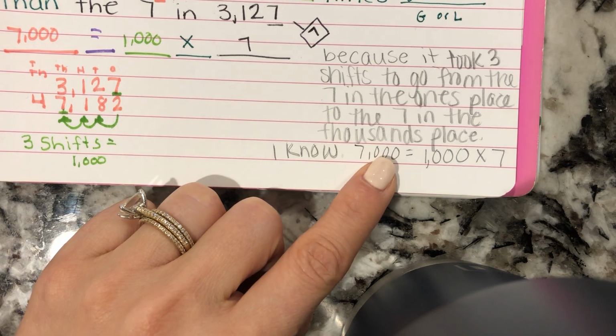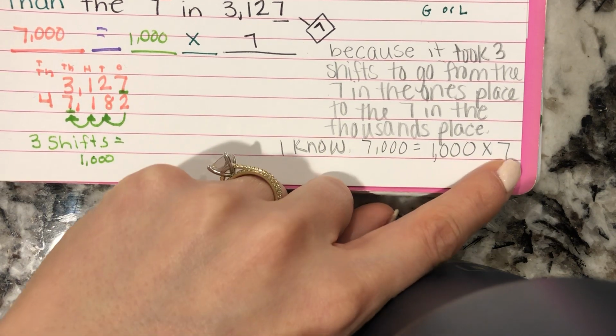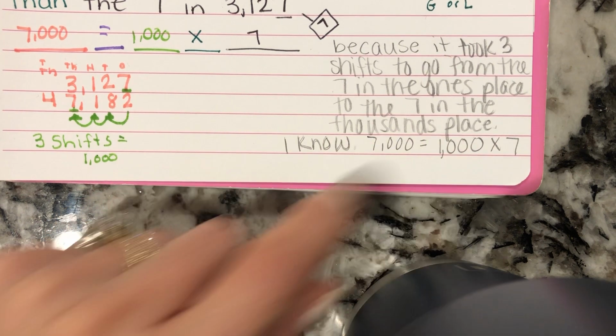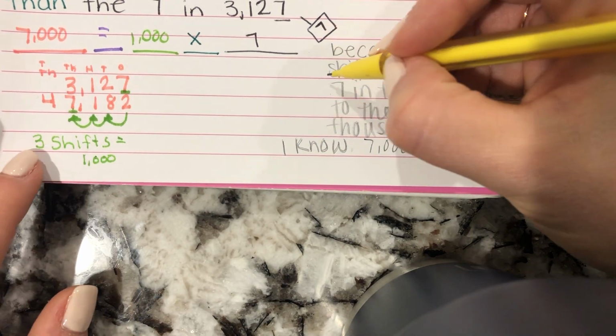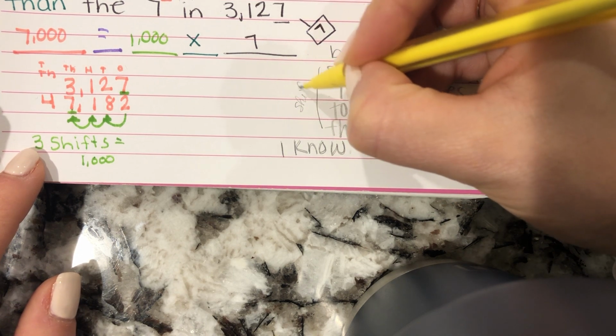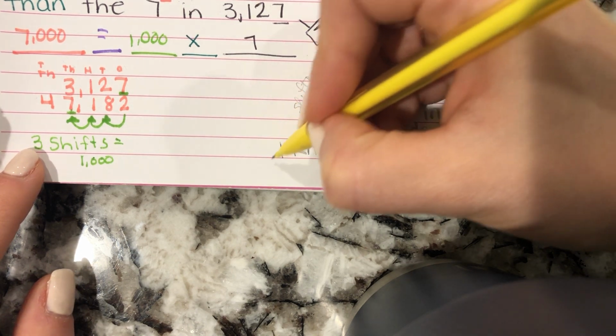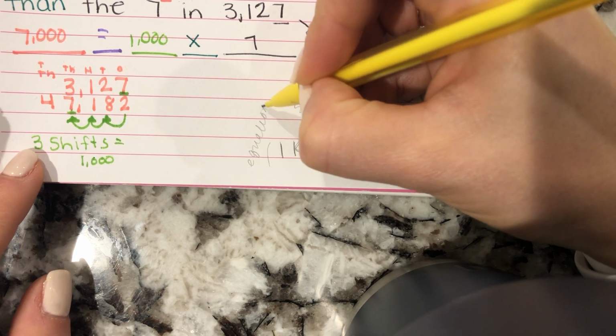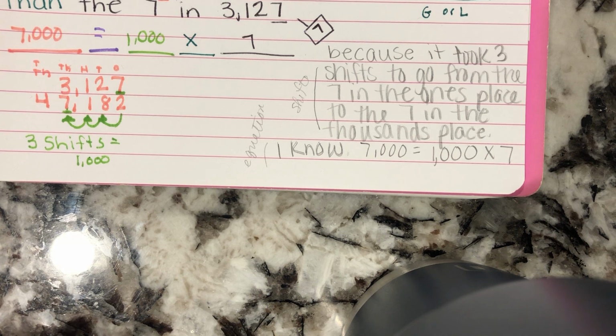That's how we know 7,000 is 1,000 times greater than 7, because 7,000 equals 1,000 times 7. So in your because, you're going to talk about shifts, and you're going to include an equation. And that will give you a really thorough because statement.